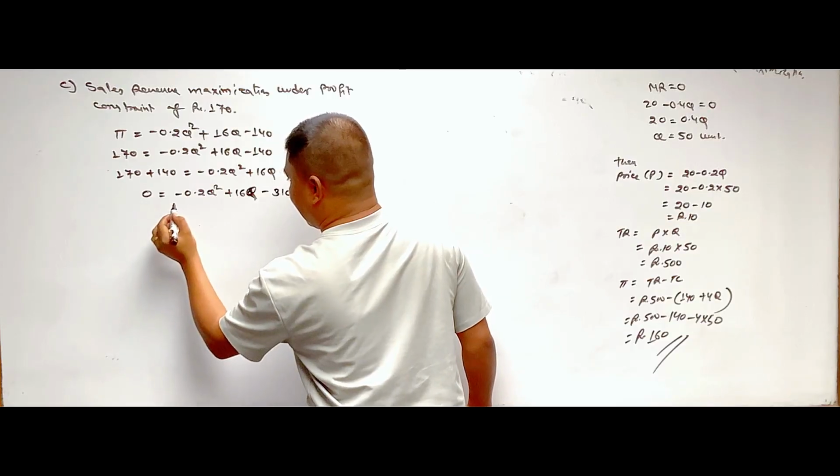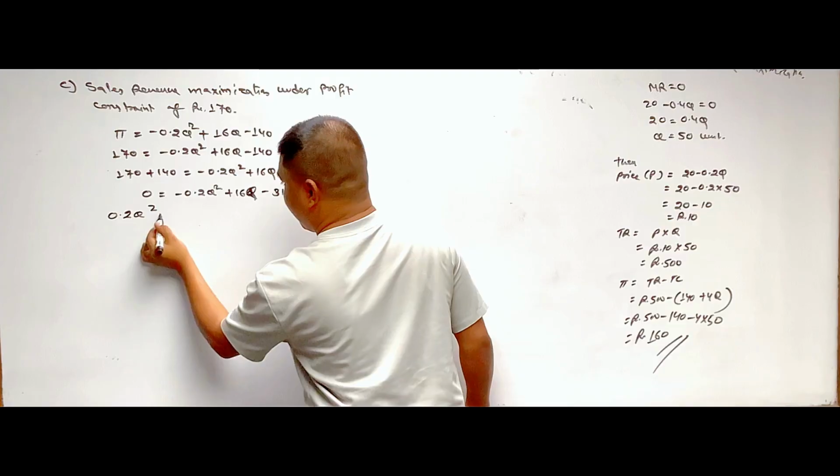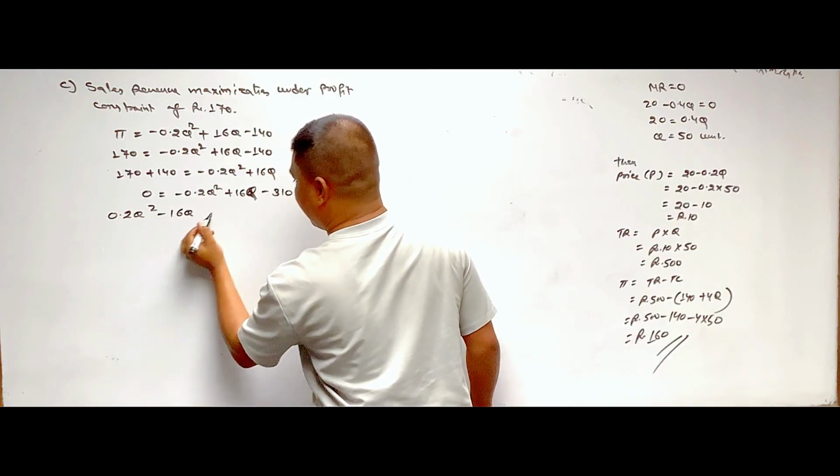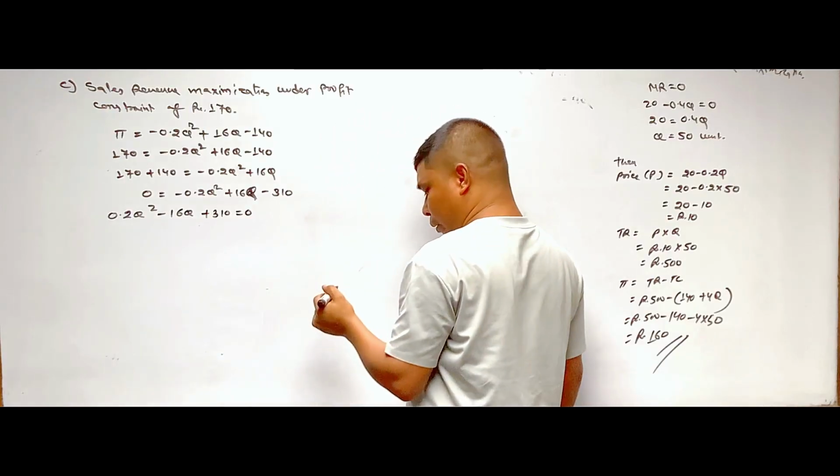Taking common negative, then we get 0.2q square minus 16q plus 310 equals 0.